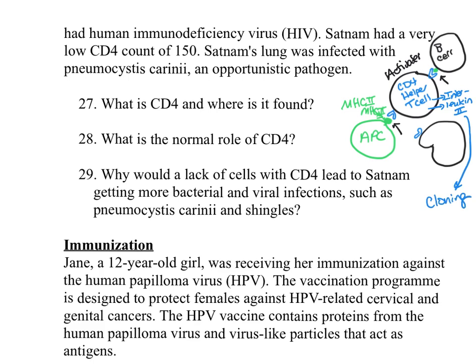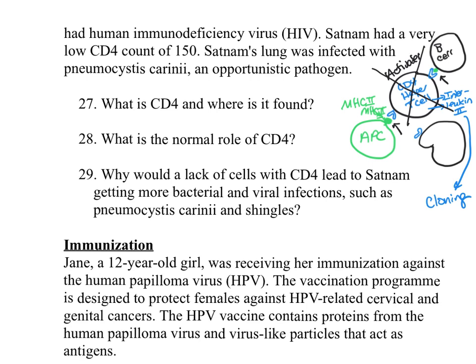Question 29. Why would a lack of cells with CD4 lead to Satnam getting more bacterial and viral infections, such as Pneumocystis carinii and shingles? So a reduction in the number of CD4 helper T cells would result in reduced T cell mediated immunity, therefore a reduced ability to mount an immune reaction.